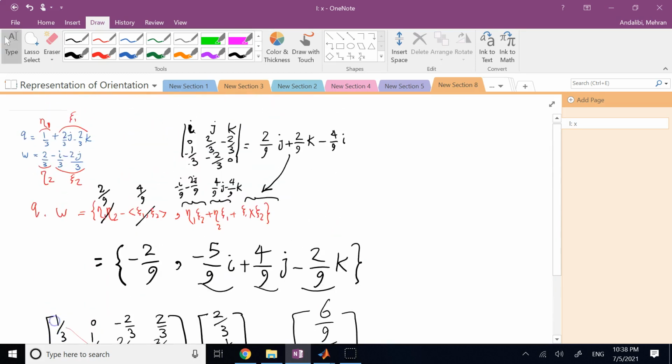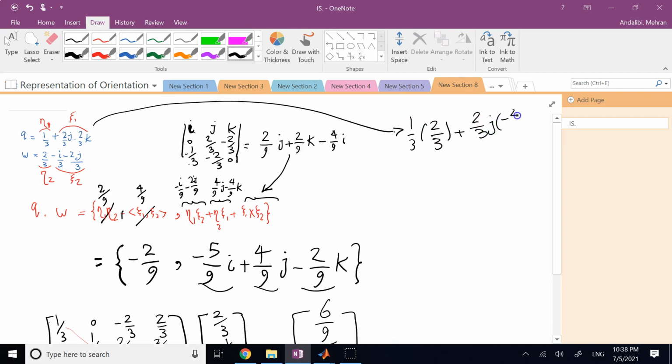This is actually 6/9, and this should be plus this. And the reason is when you multiply this together, the real portion that comes out is 1/3 times 2/3, plus 2/3j times negative 2/3j. Because the rest of them, you're not going to get any constant number out of it, right?